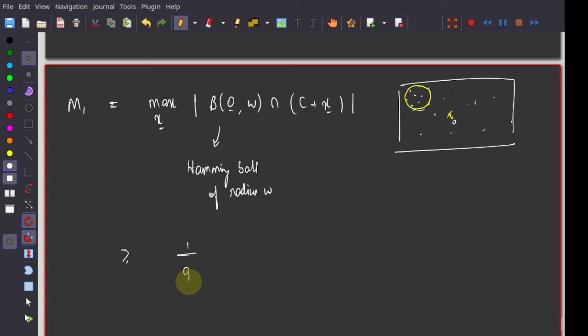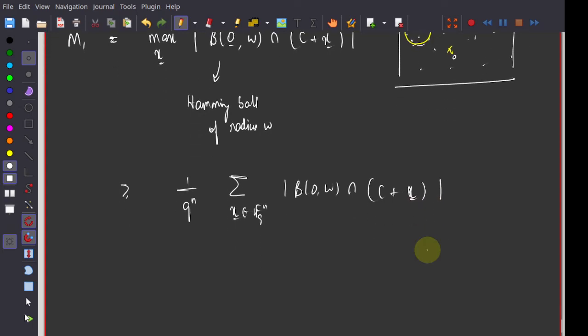So there are a total of q to the n possible shifts, q to the n possible values of x, so 1 over q to the n times the summation over all possible x in F_q to the n of the size of the ball of radius W intersected with the shifted code. But what is this equal to?